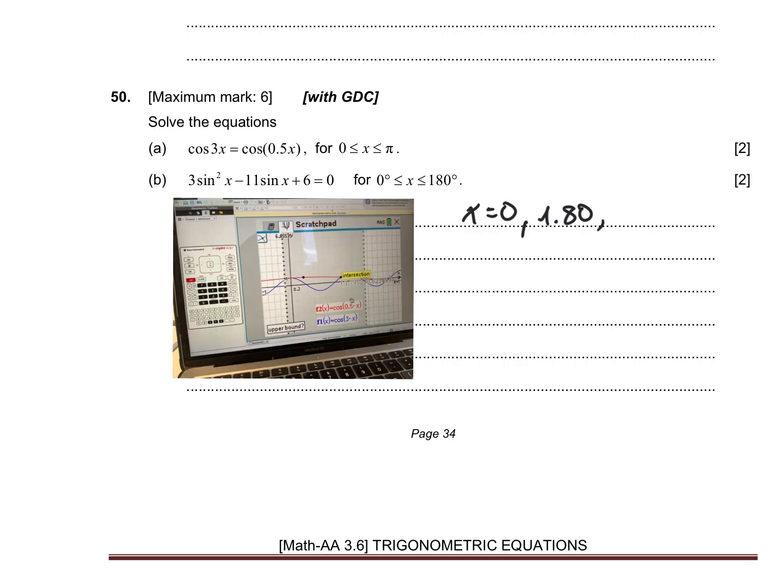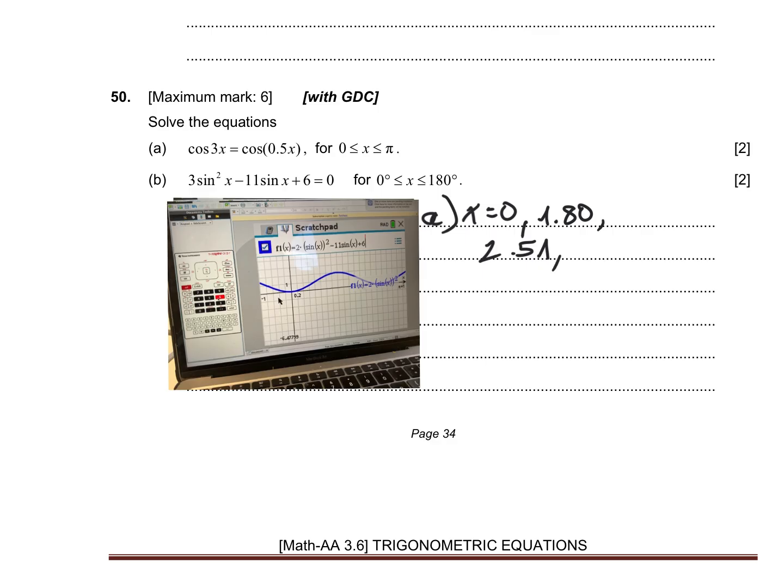We need this intersection. That's 2.51. Then menu, analyze graph, and you'll see that this one over here is outside because pi is 3.14. So those are your 3 answers for that one.